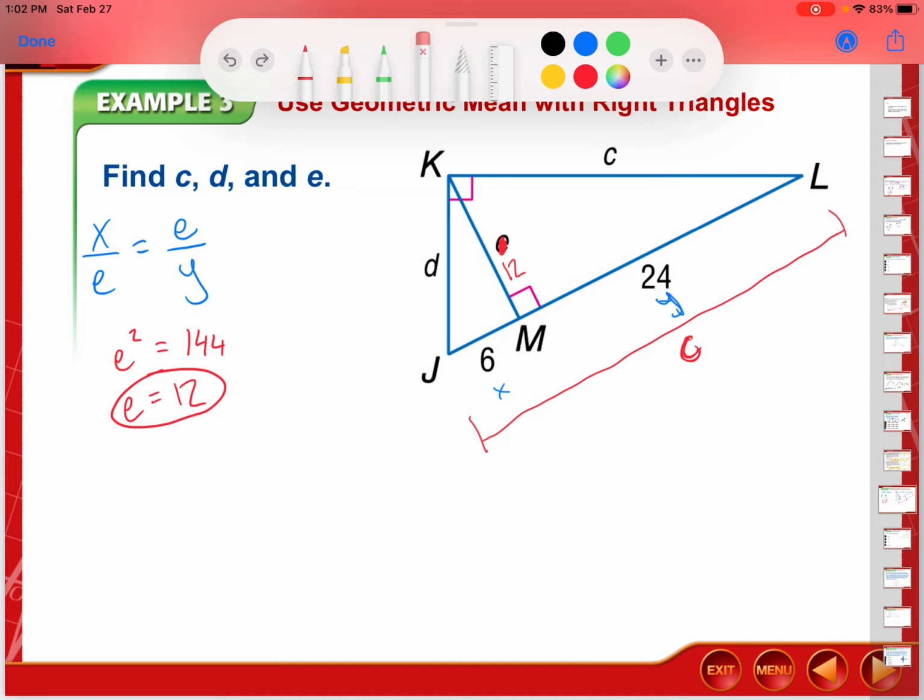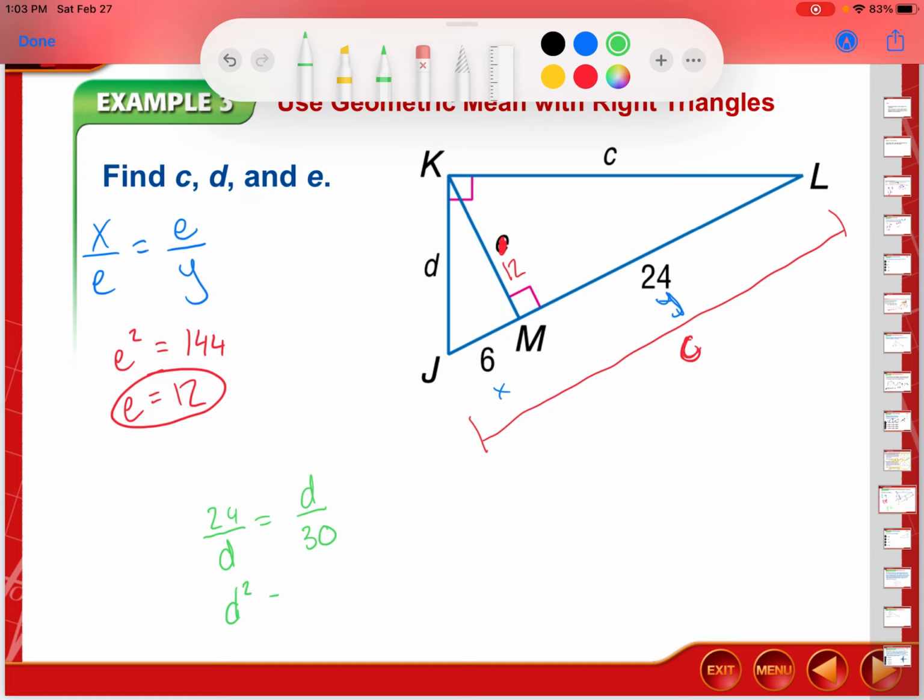And let's look at this real quick. I'm going to switch over to green. My first proportion would look like this. I would say my y value, so 24 over d. So 24 over d is going to equal d over this whole length. That would be 24 plus 6, which would be 30.